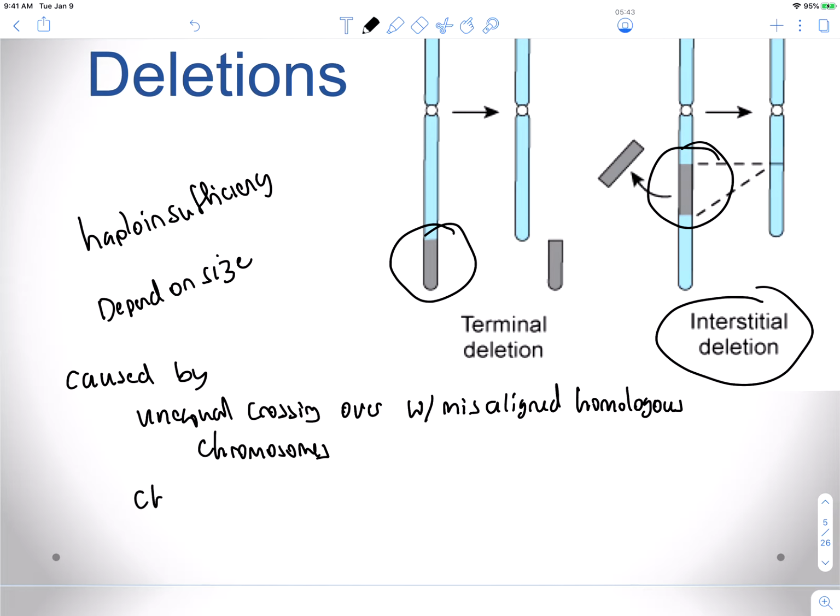So you can have chromosome breakage, that can be through UV radiation, other types of breakages, or you can have a loss of an acentric segment. So all of these lead to deletions and a loss of genetic information.